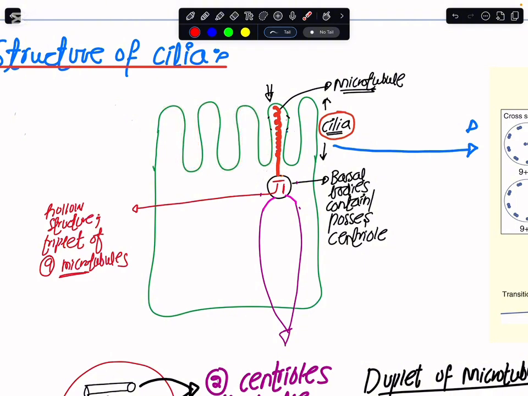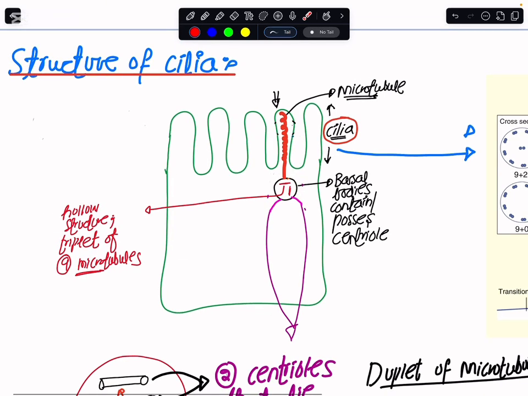Within this extension of the cell we have these microtubules, and these microtubules make the cilia. At the bottom, these cilia connect themselves to the basal bodies, and you know that these basal bodies are actually the centrioles.